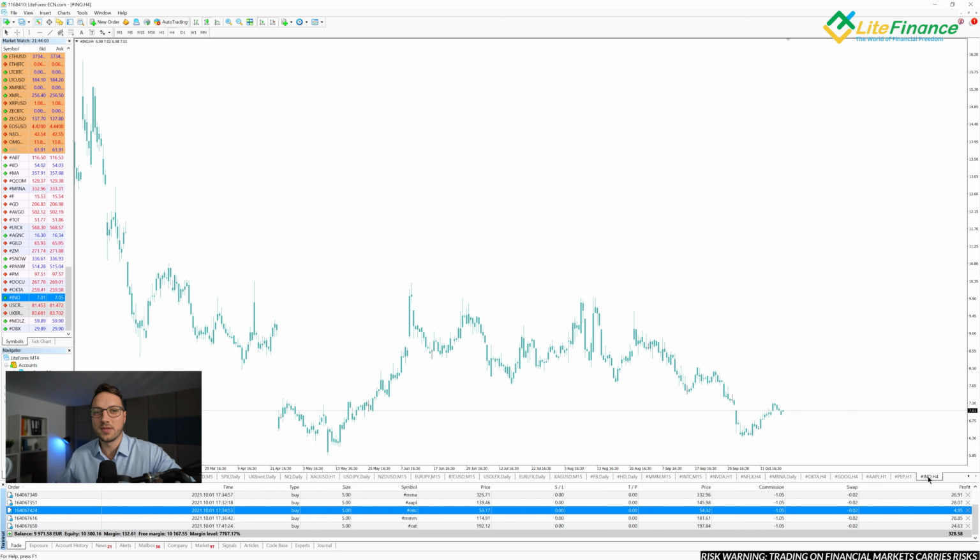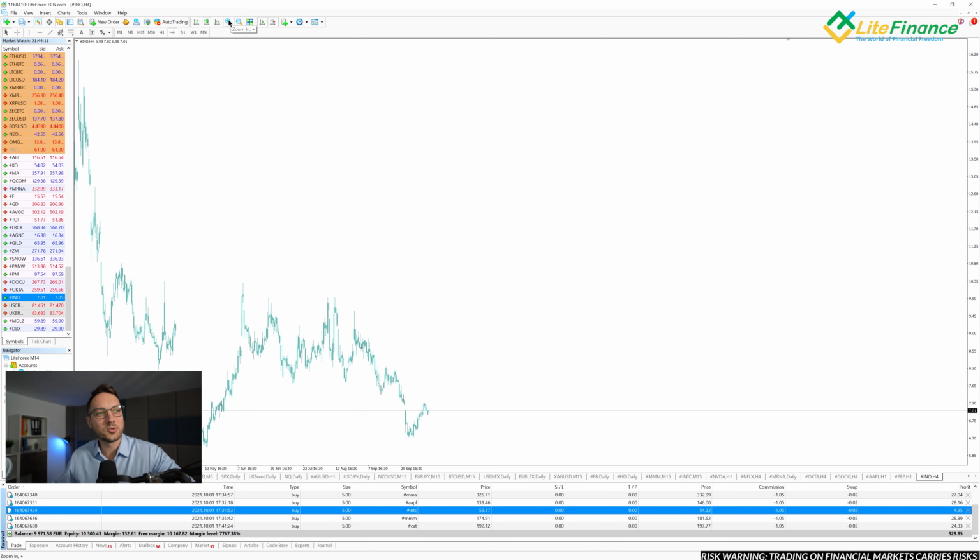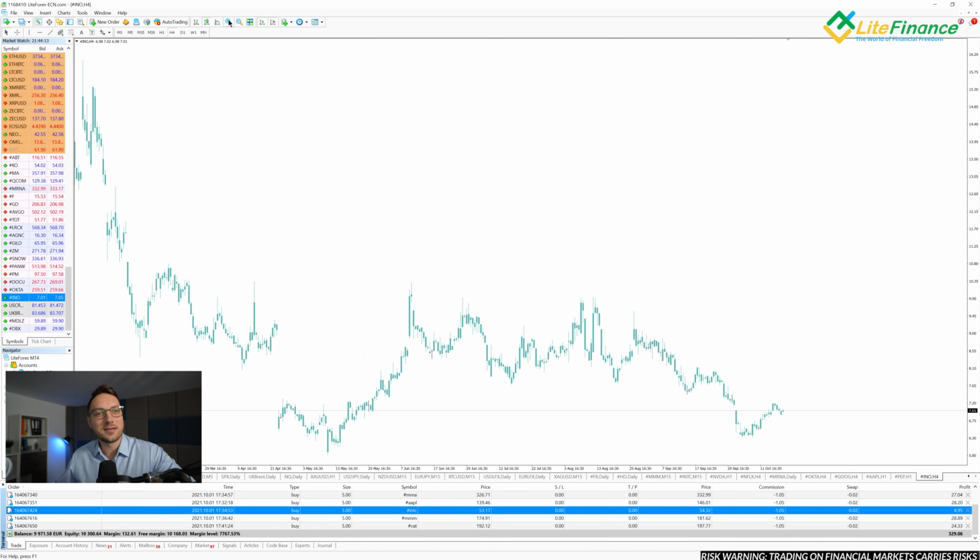First one is Inovio. It's a pharmaceutical company. From the chart, you can see that currently it is in a big downtrend. As for the fundamentals, there isn't anything too optimistic.